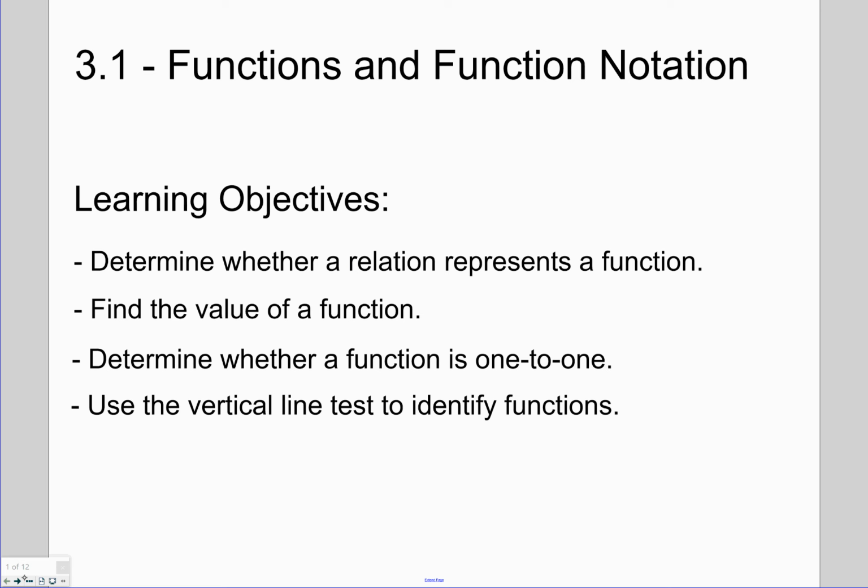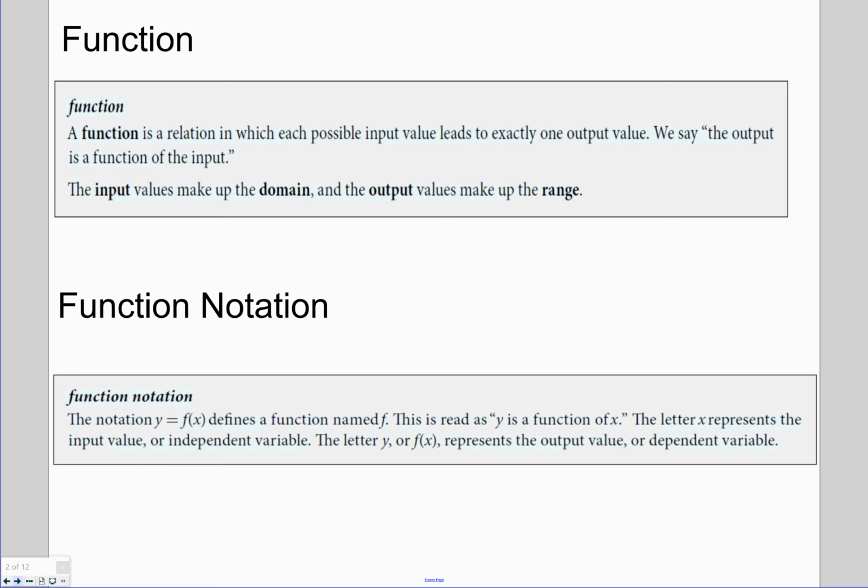Now, I apologize that this writing is so small in your paper, but you guys are young, you can read it. So here's the information about a function. You'll see some words that are bolded for you, words that hopefully you remember from your times in algebra. Your domain and range. Domain being your input values, range being your output values. So your x and your y values. And basically how to determine when something is a function.